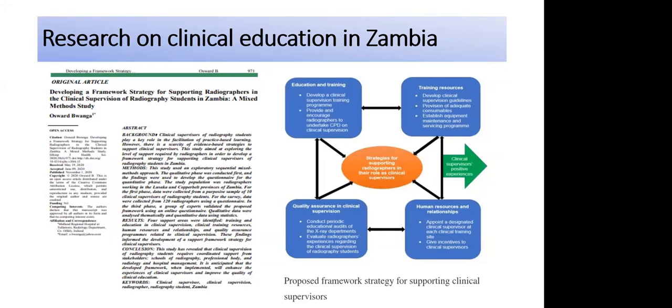When we have trained clinical educators, then we can lobby for positions. Otherwise, we cannot go lobbying for positions when we have not trained clinical educators. So which one is the first? We are saying, let's look at how we can have our clinical educators trained to have a skill and a paper that we can justify to say, we have this cadre and we want positions.